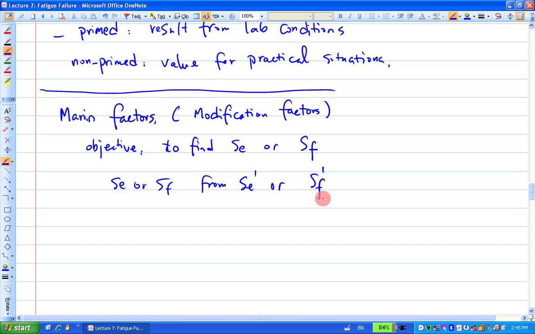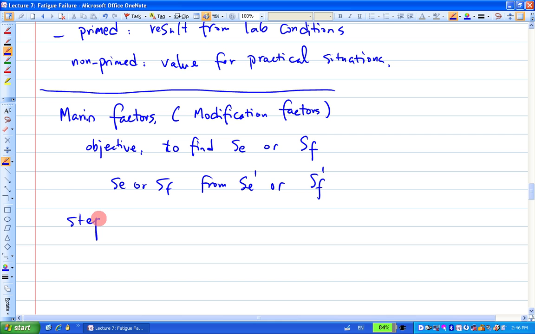That's natural. You don't have experimental data for every kind of material, or maybe you just don't have the table on hand. So generally, we can use an approximation method for SE prime and SF prime first.